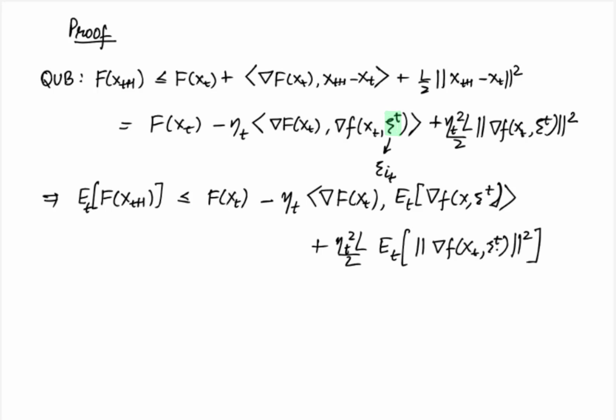Here we have been able to take the expectation inside the inner product because taking the expectation with respect to it, the term gradient F of xt is simply a constant.